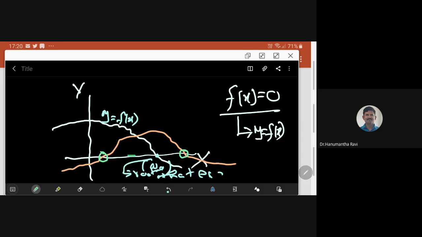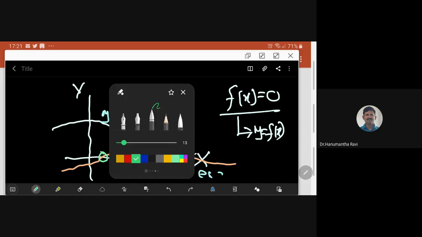And again this will become a root, because at this point also f of x is 0, going from positive to negative. So what is happening is that when a is a root of f of x is equal to 0, you can notice a change in sign at a for f of x. That is the most important observation.